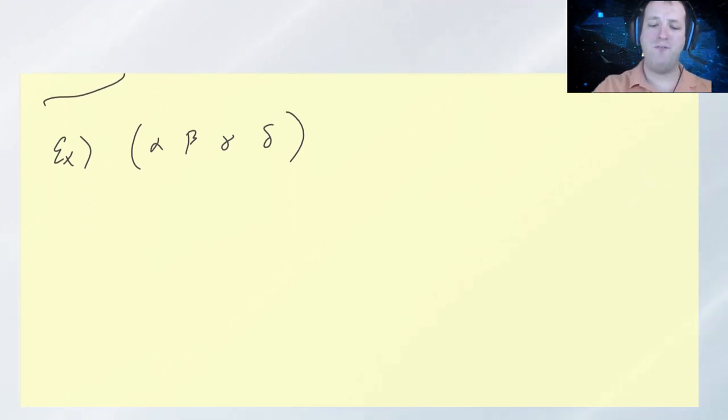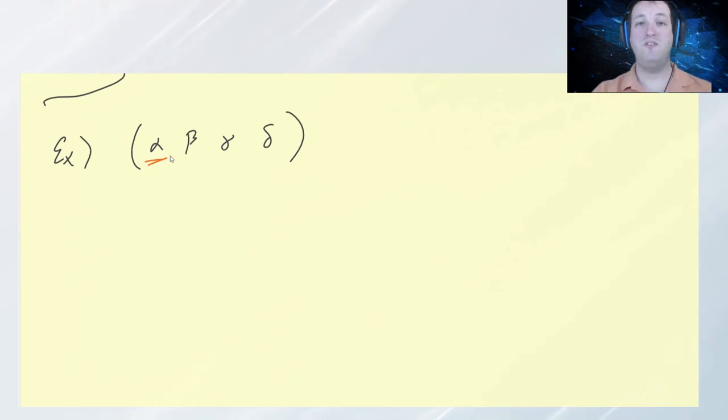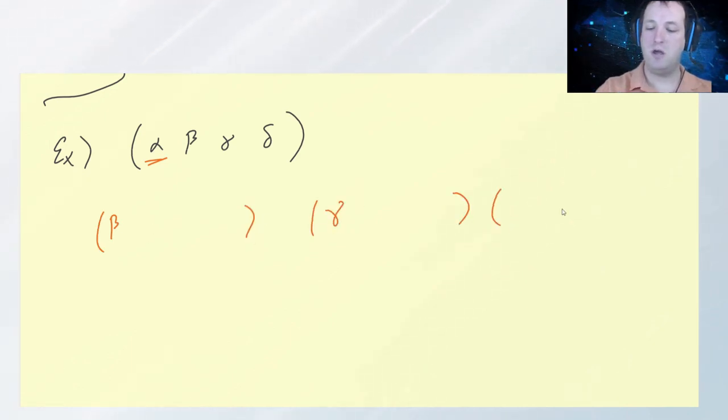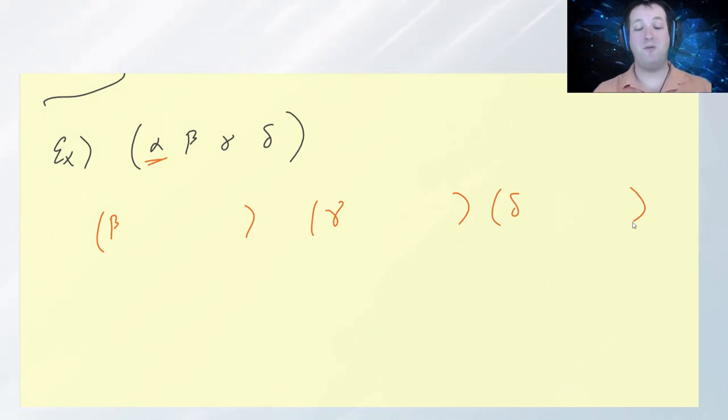So remember, alpha cannot be in its original position. So in position 1, the only values that can be there are going to be beta, gamma, and delta, right? So all of the derangements must have either beta, gamma, or delta in the first position.